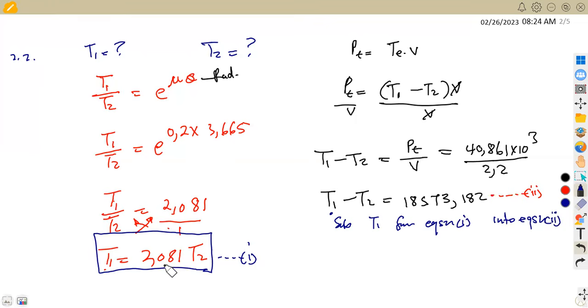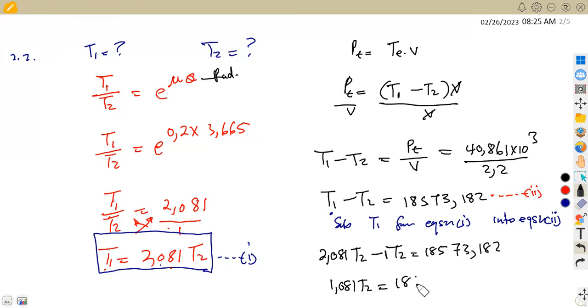So that means T1, which is 2.081 T2, minus this T2, because we have substituted T1 so T2 remains as it is, is equal to 18573.182. So as we can see, it's a normal equation where you can subtract and solve for T2. So 2 minus 1 is going to be 1.081 T2, which is equal to 18573.182.